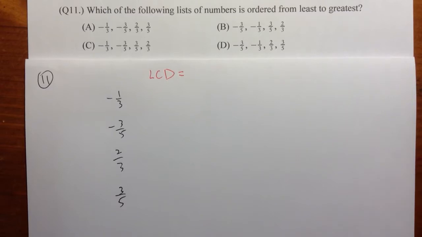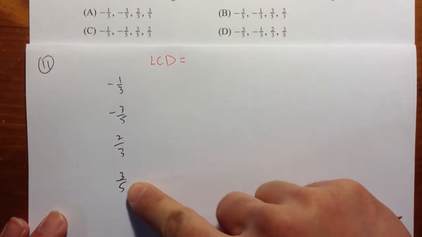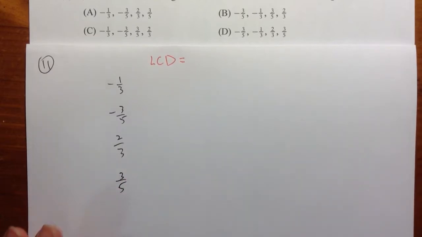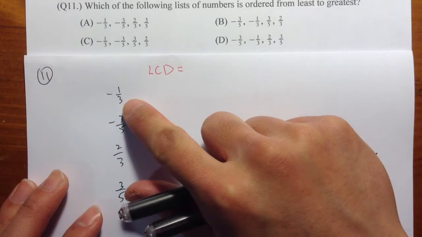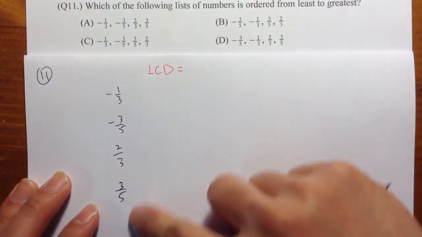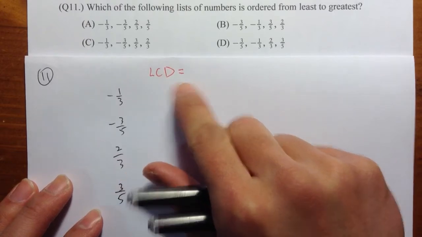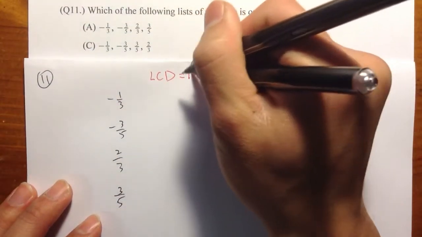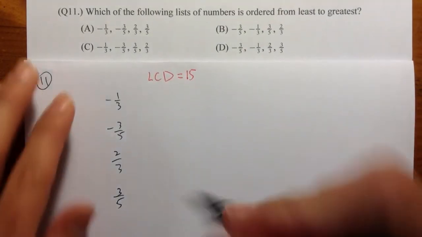But if it's a situation like 2/3 and 3 over 5, then we cannot compare that yet. Notice that all the denominators are either 3 or 5, so the lowest common multiple of the denominator is 15. We're trying to make all the fractions something over 15.